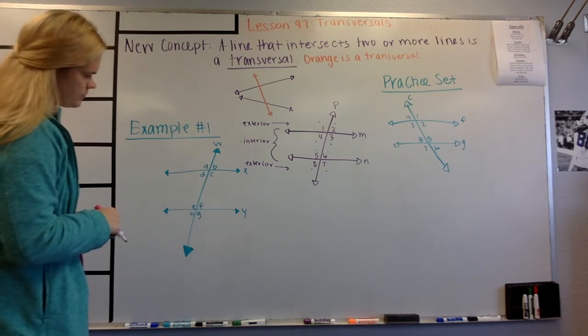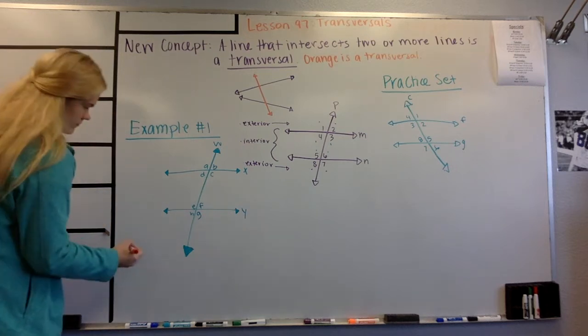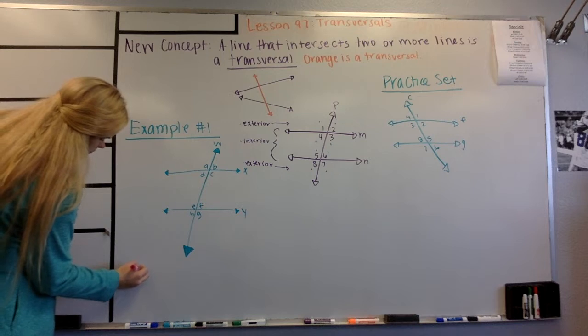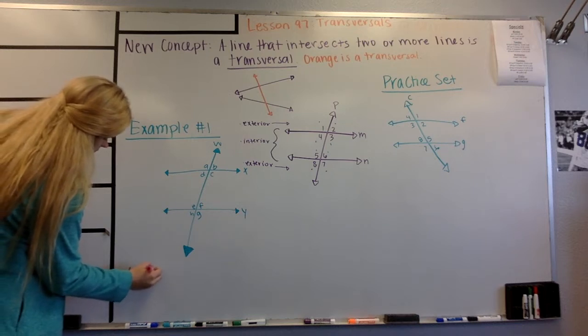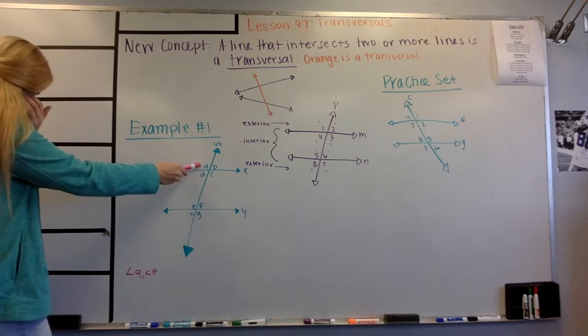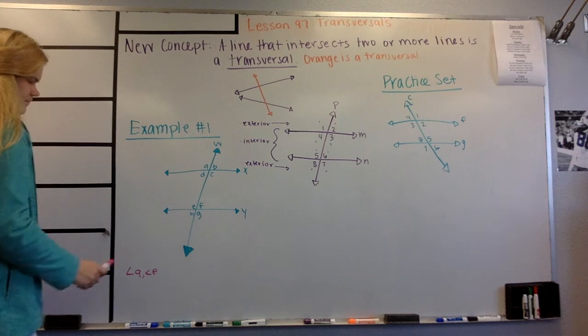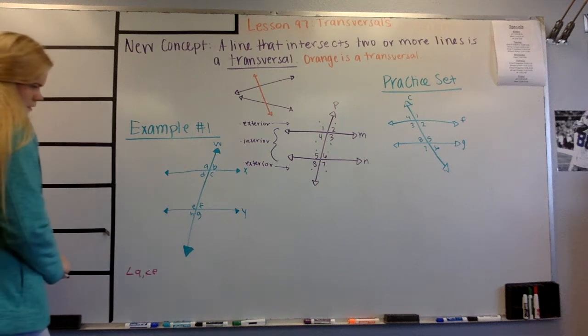So we have angle A, and remember, you've got to make sure and write your angle sign. Angle A and angle E. Find angle A, and the corresponding would be angle E. See the same shape, the same size, the same distance.